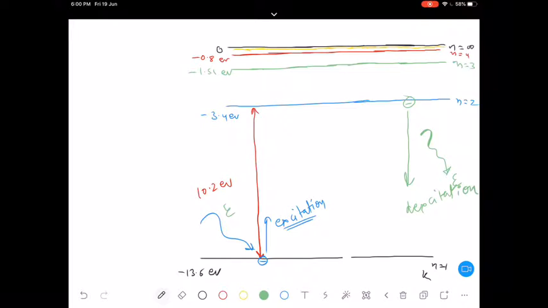Now here one very important point we need to remember. First I'll write these definitions of excitation and de-excitation. I'll write for excitation, de-excitation you can write on your own, right?